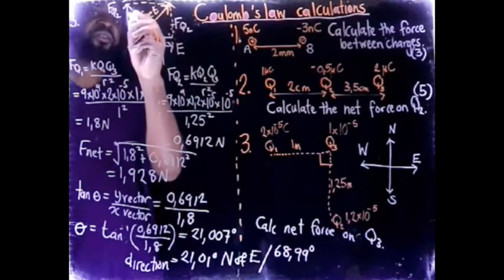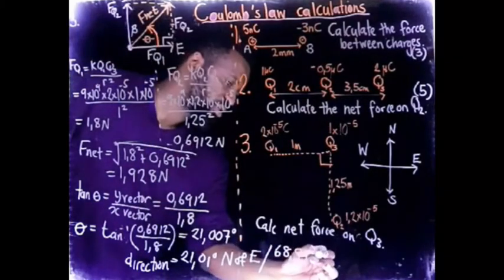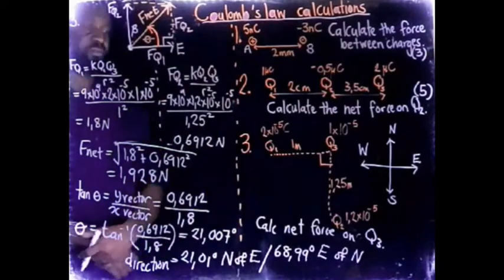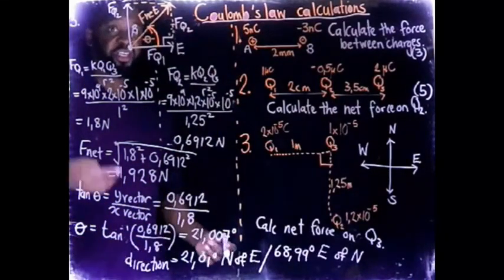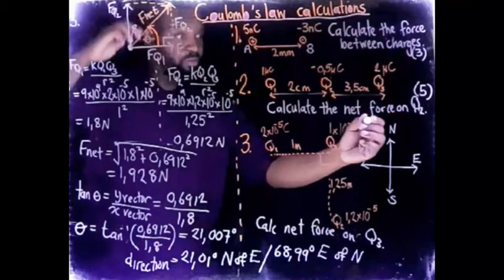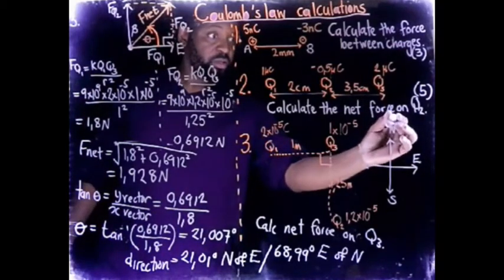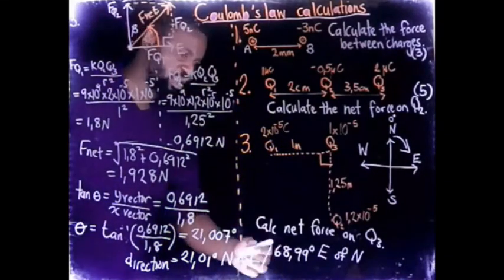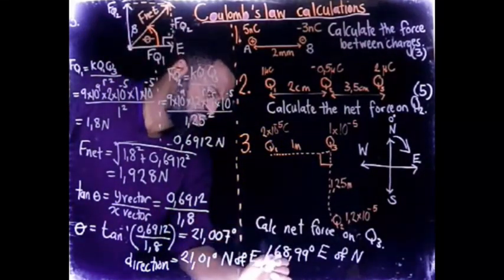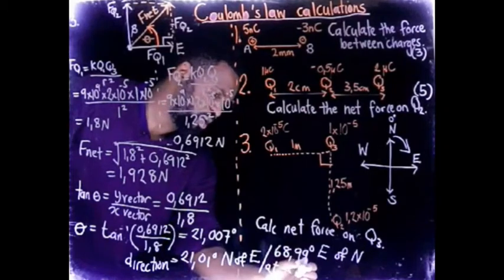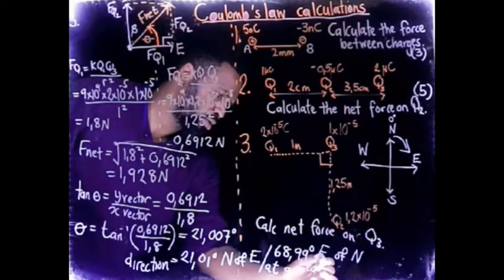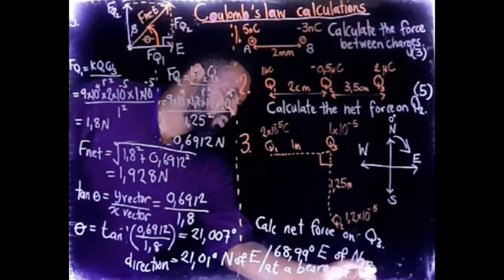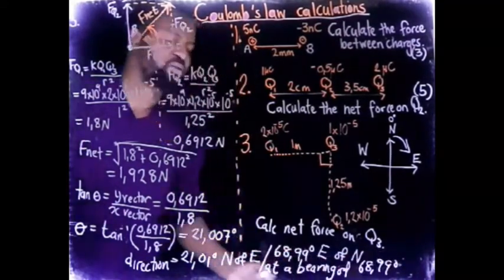This time I'm going from this direction, east of north. Or last, I can say the north can be taken as 0 degrees, so bearings are measured clockwise. Or I can say at a bearing of 68.99 degrees.